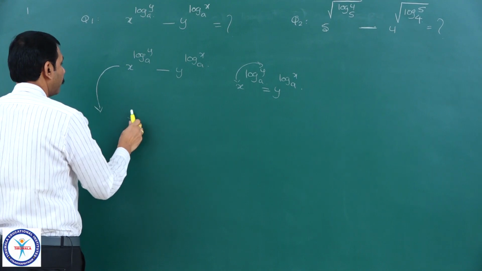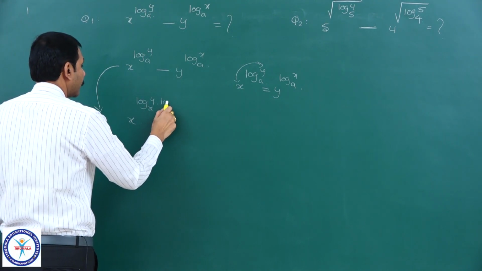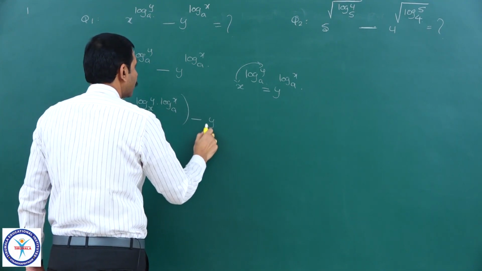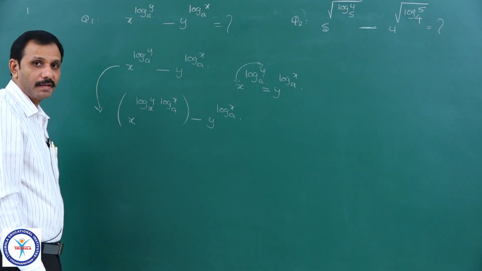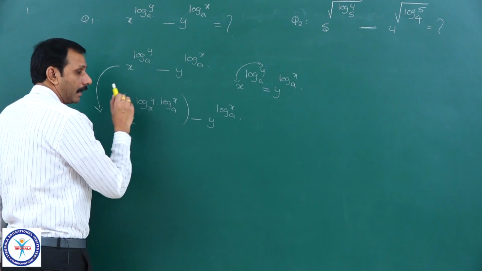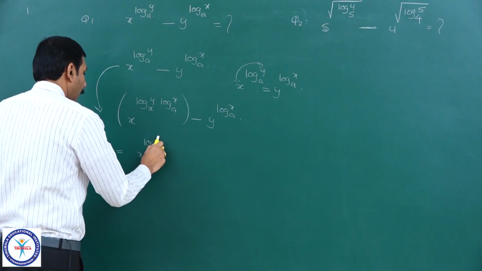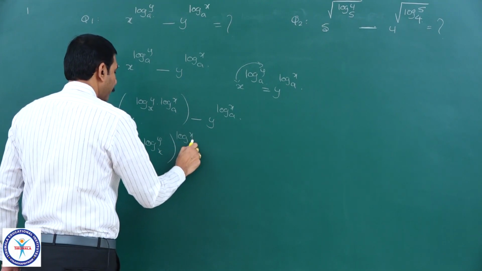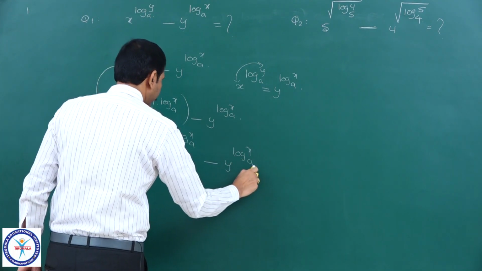X power, here I am writing log y to the base x into log x to the base a, minus y power log x to the base a. Now it is of the form x power mn, can be written as x power log y to the base x, whole power log x to the base a, minus y power log x to the base a.